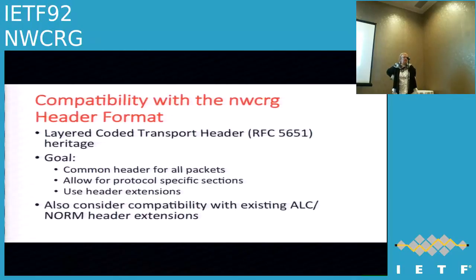Next one. This is actually a heads up for some next conversations that Vincent is going to talk about later. There's this idea of having a network coding research group header format. I'm the one on the list who said that at first I was completely against it, and then we started looking at it, and maybe there's some cool stuff that could be done if we make a common header that is very short and allows for protocol-specific extensions.